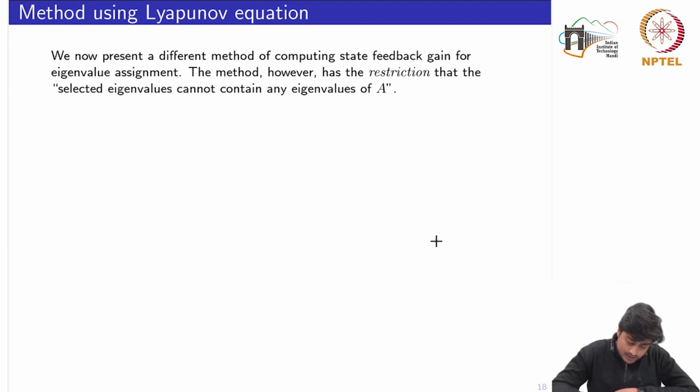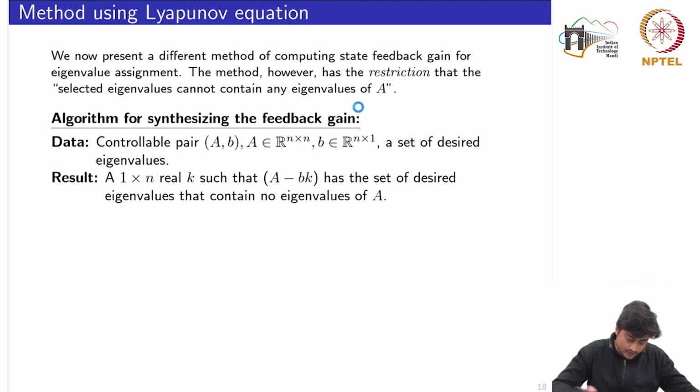This method has some restriction, that the selected eigenvalues cannot contain any eigenvalues of the plant itself, or of the A. Okay. So here first we will discuss the algorithm for computing the state feedback gain, and then we will try to justify that algorithm by computing certain conditions which are necessary and sufficient for this algorithm to work.